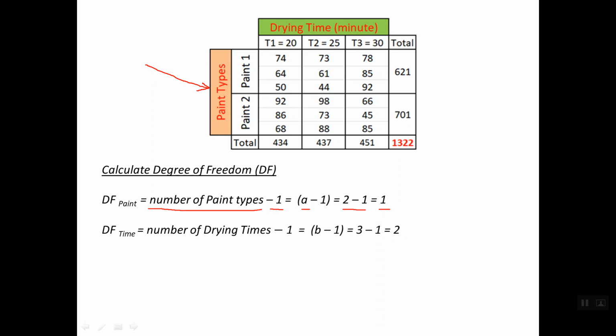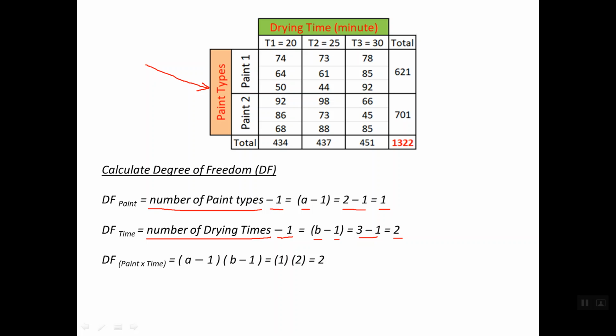Regarding the degree of freedom for the second factor, which is the drying time, the formula is the same: the number of drying times minus 1. The number of levels for this factor, b, minus 1, which is 3 minus 1, is equal to 2.